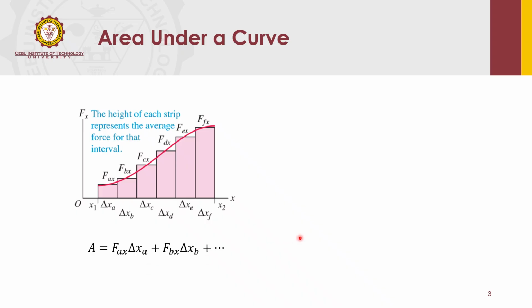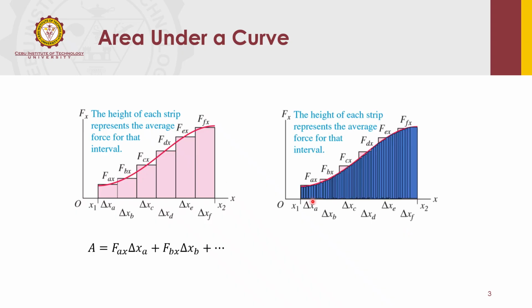So what we do is we make the delta x very small. We make the width of the strip very small to include these spaces. This is where the concept of integration is used in this particular application.